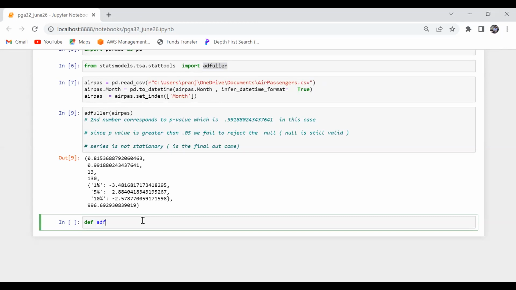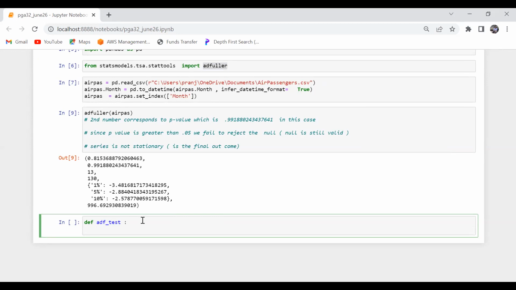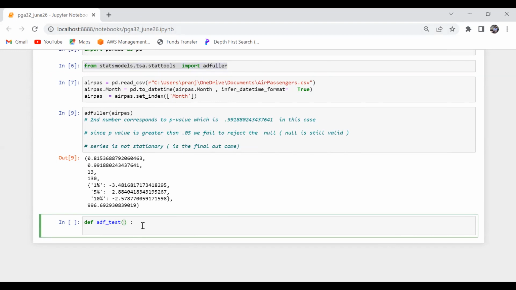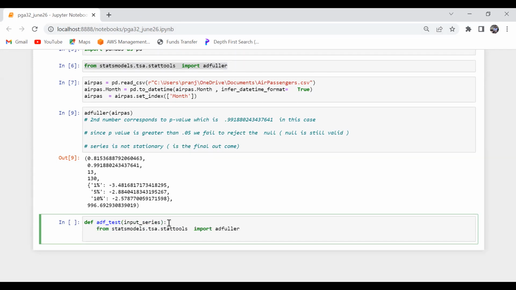Let me say adf_test. Def adf_test, and inside it we pass an input series. Then we will do adfuller on the input series, and then I have to store many values.